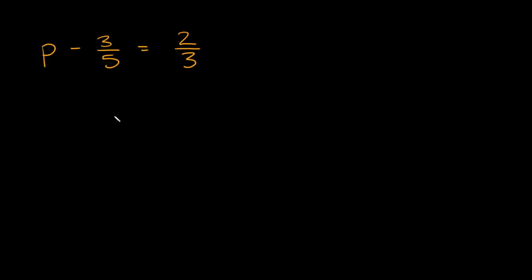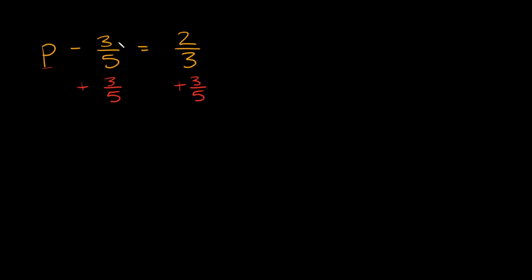Let's try another one. Okay, so here we have p minus 3/5 is equal to 2/3. So again, the point is to isolate the variable by itself on one side of the equation. Since we have this minus 3/5 here, in order to undo that, I'm going to add 3/5. But again, whatever I do to one side, I do to the other. So I'm going to add 3/5 over here also.